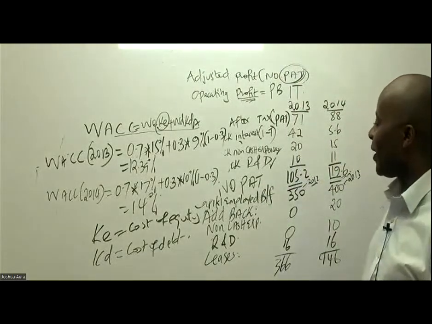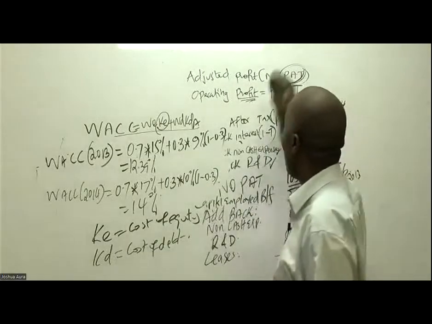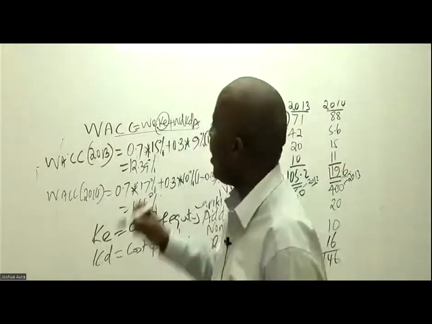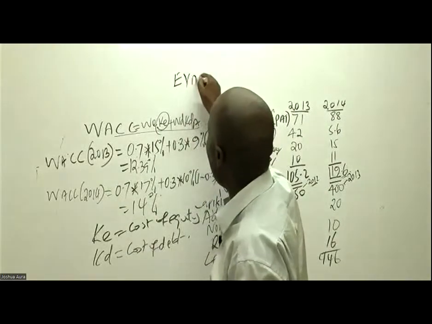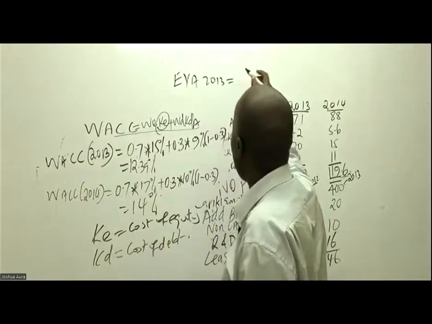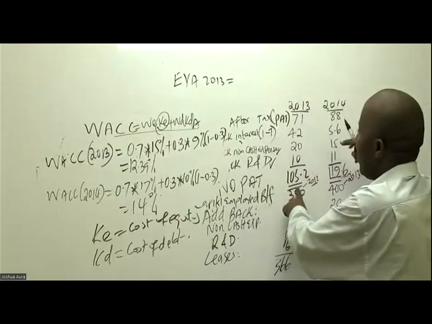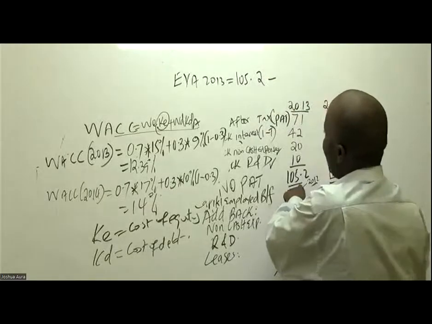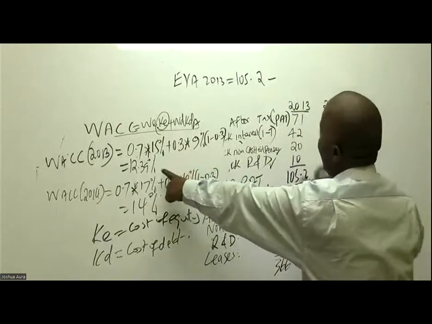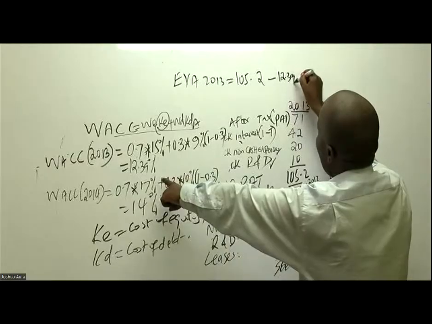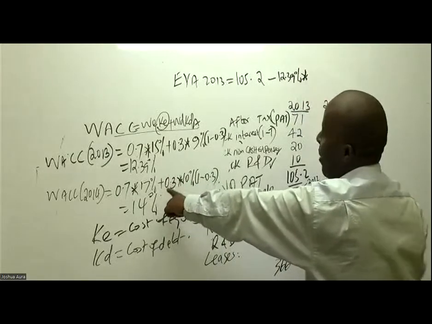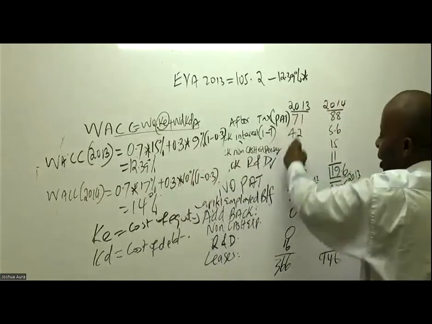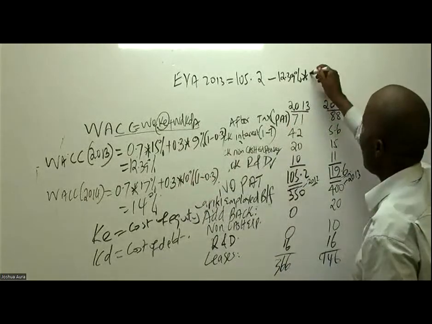Now, ladies and gentlemen, after that, we should be able to get what we call EVA. So EVA for 2013 is NOPAT, 105.2, minus WACC of 2013, which is 12.39%, multiplied by the capital employed in 2013, which is 316.